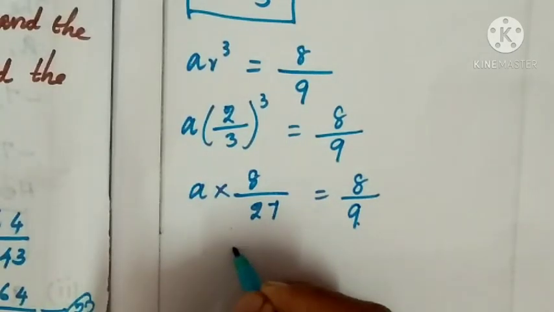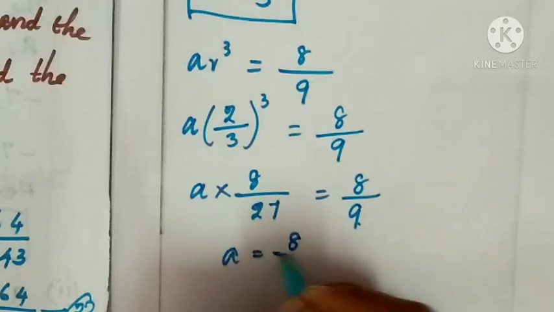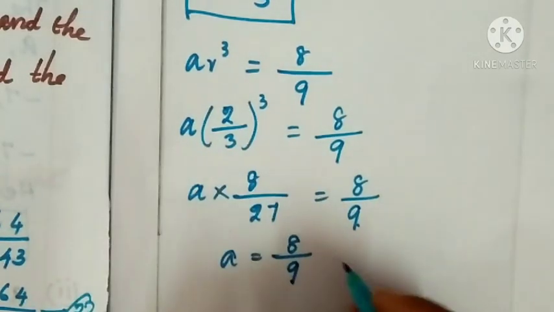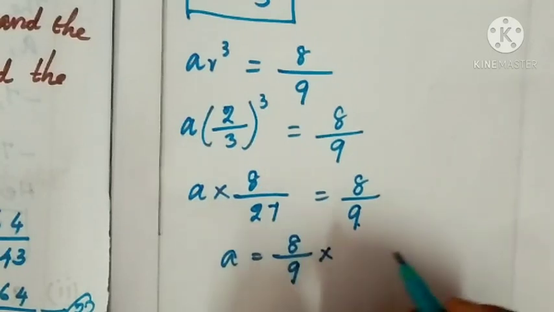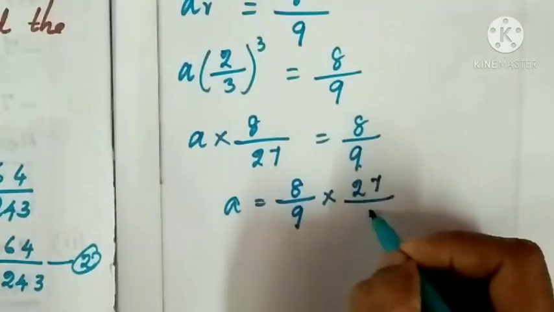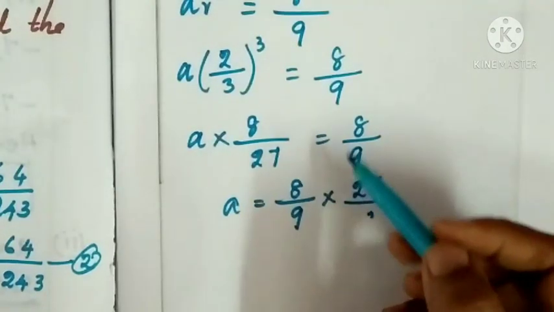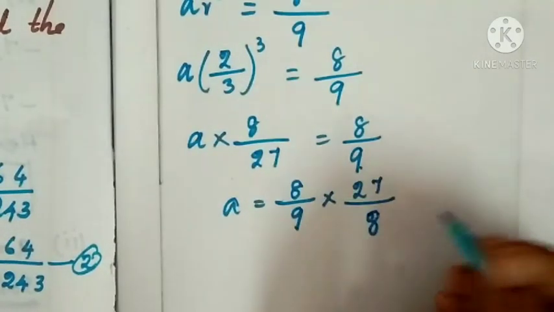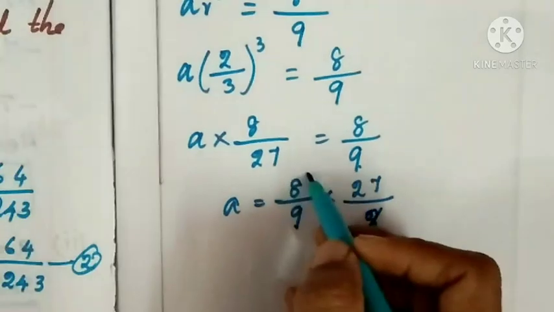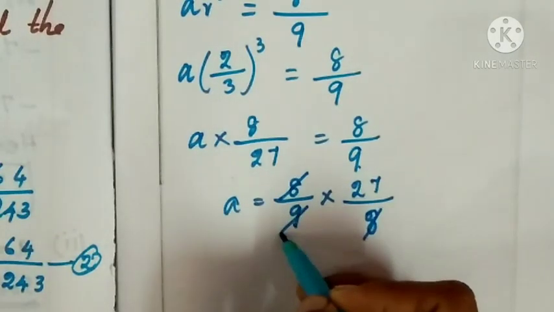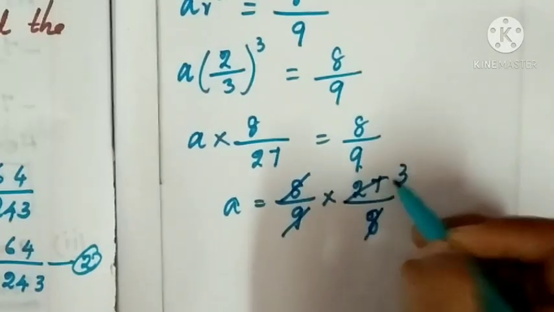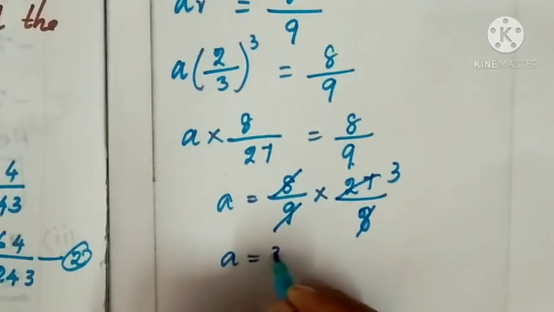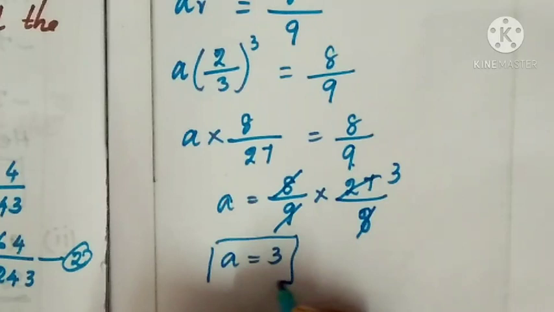It can be written as A is equal to 8 by 9. Transpose this fraction after the equal, means it will change as a divide. That is, in multiplication form, reciprocal of this fraction is 27 by 8. For cancelling this, 1 8 is 8, 1 8 is 8, then 1 9 is 9, then 3 9s are 27. Hence the value of A is equal to 3.